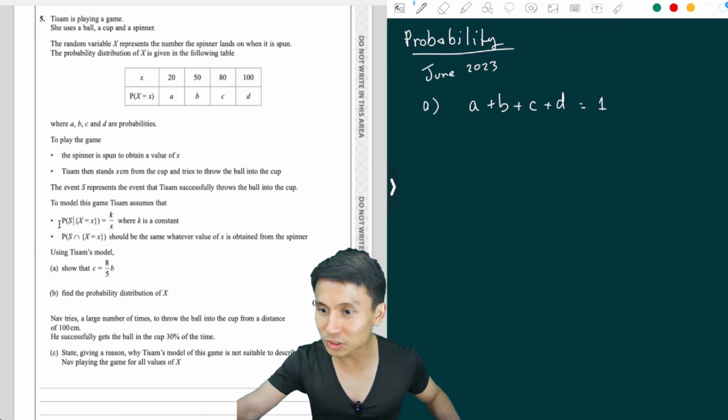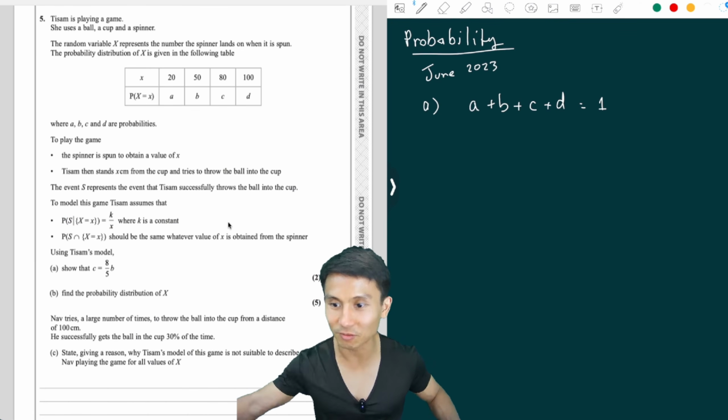And then, of course, we should look into the details. To model this game, Tisam assumes that, okay, here we have a conditional probability.